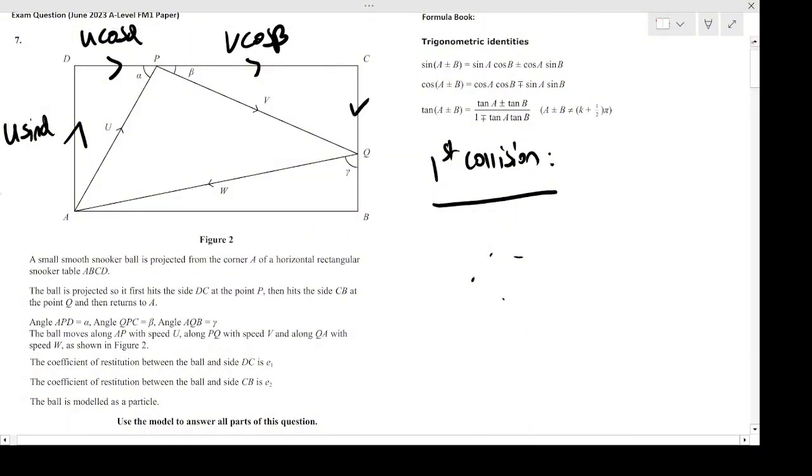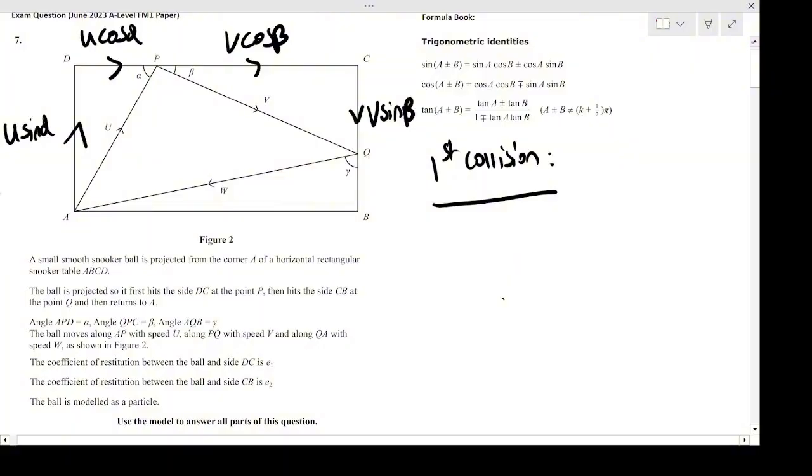And then down by V sine beta. Okay, if I could squeeze it in there. V sine beta there. Alright, so hopefully happy with my components there.